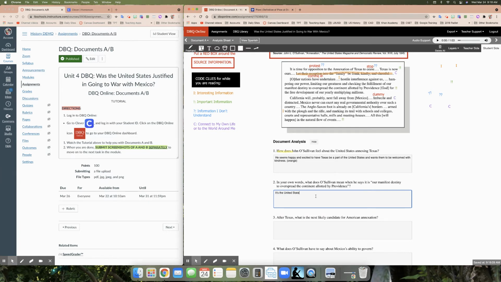It's the United States' God-given right to have this land. And I'm going to highlight this in yellow. He says it right here. It's God, right? It's our God-given right to have that land.